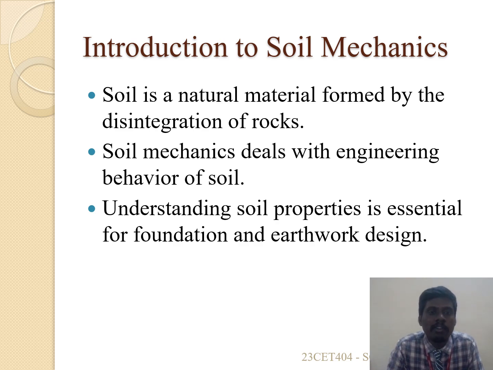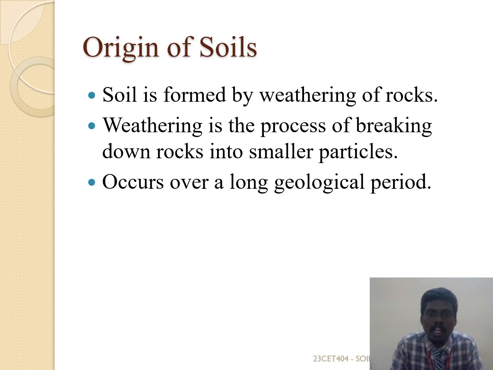Let me see the first one, origin of soil. I already told that it is formed by weathering. Weathering means it is a disintegration of rocks. Disintegration means the breaking of rocks into smaller particles. The parent rocks are weathered and broken, and they turn into smaller particles.